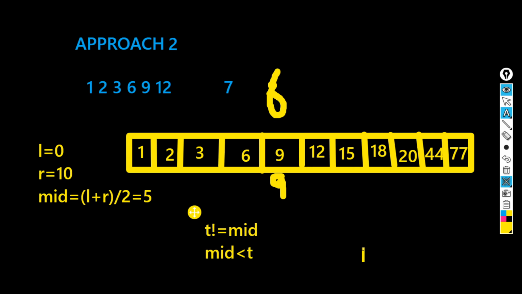So if the target is greater, then we will increment L: L equals mid plus 1. So this is the first condition, if mid is less than the target. Now if mid is greater than the target, then we will decrement R: R equals mid minus 1. So this is the second condition which we will check.